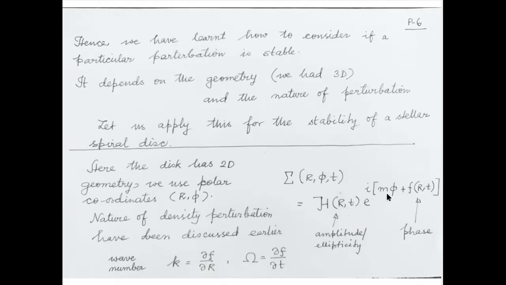Now, m, we have already said what it is. Phi is the angular coordinate, the azimuthal coordinate. And this f(r) gives me the phase of the ellipse. So if I have an ellipse like this, this is given by f(r).